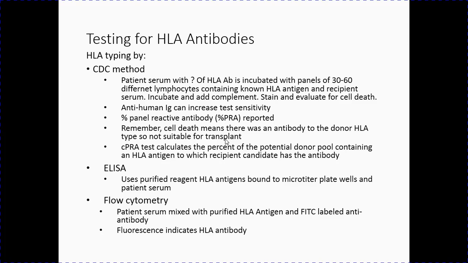So we're going to have reagent lymphocytes with antigen on them, 30 to 60 of them, each in an individual test well. And we're going to add patient serum. We're going to question if there's an antibody there. We're going to let it incubate. We're going to wash. We're going to add complement. And then we're going to stain and evaluate the same way we did for cell death.